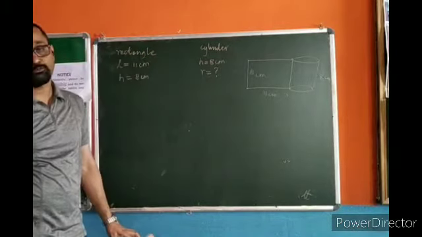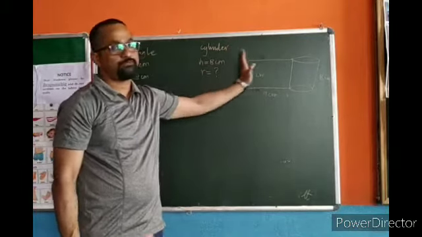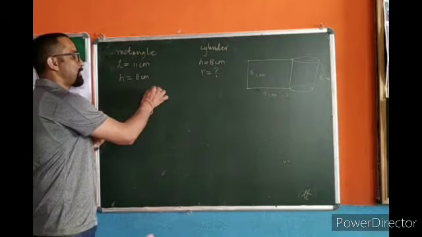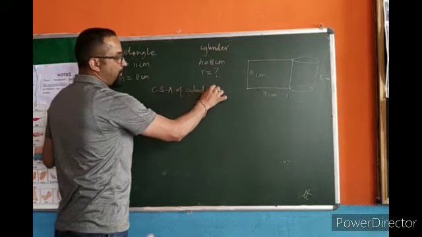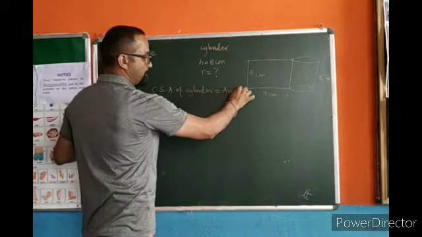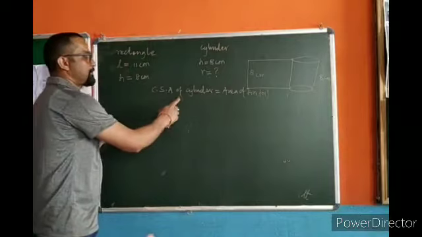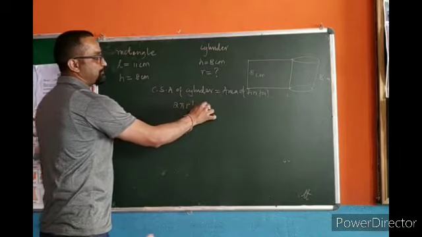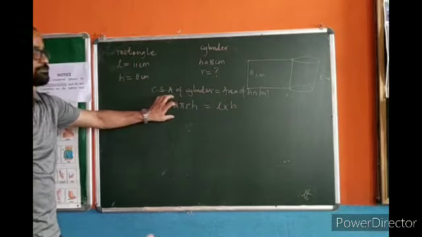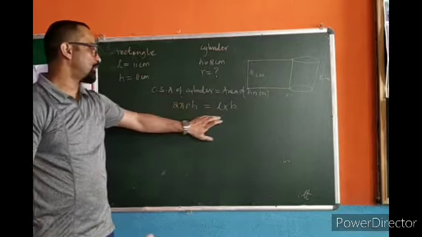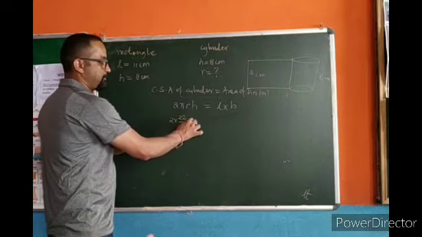Radius is not known. And since this rectangular tin foil is wrapped around, curved surface area of cylinder is equal to area of tin foil. Curved surface area of cylinder is 2 pi r h. Area of rectangular tin foil is length into breadth. And with the help of this given condition, we can calculate radius. 22 by 7.